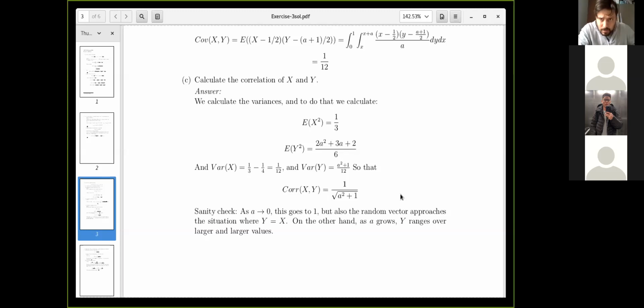The purpose of this task was to give you an idea of how correlation behaves when there's clearly a linear dependency here, but it becomes weaker.